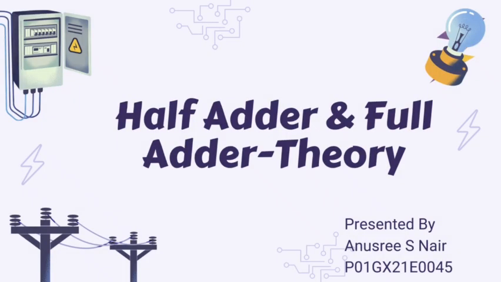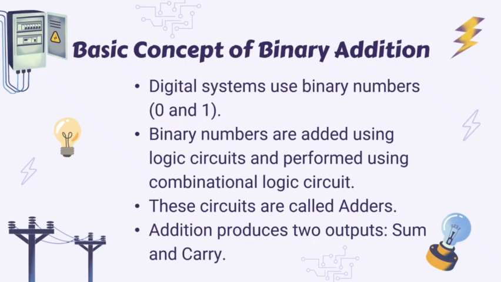We will be discussing the theory part of half adder and full adder. Systems such as computers work using binary numbers, which consist of 0 and 1. Binary addition is performed using combinational logic circuits instead of manual calculations.